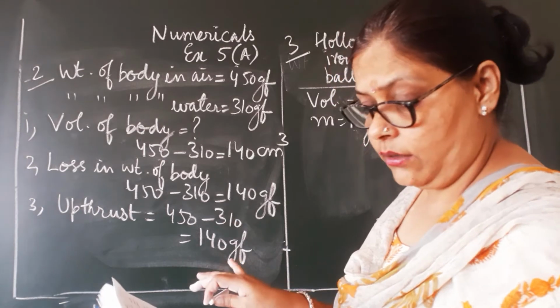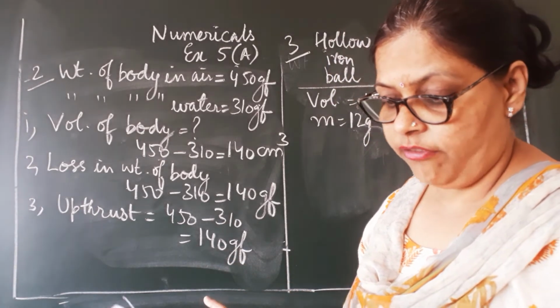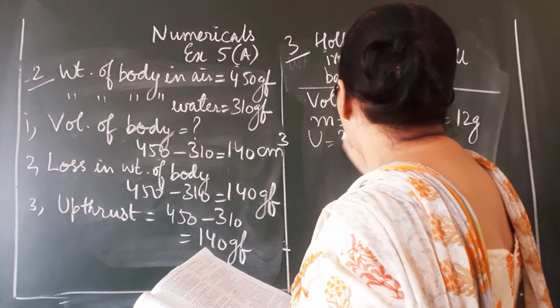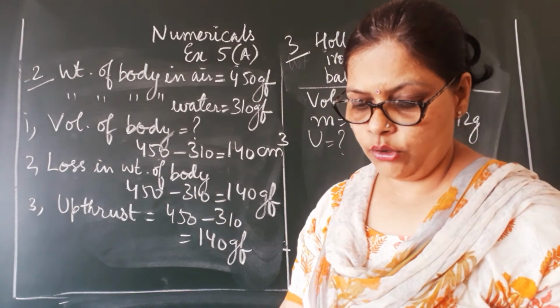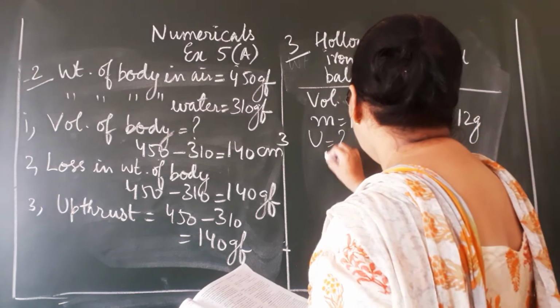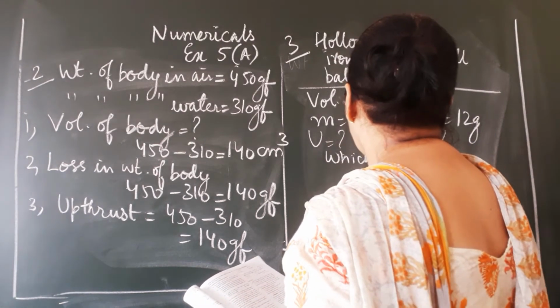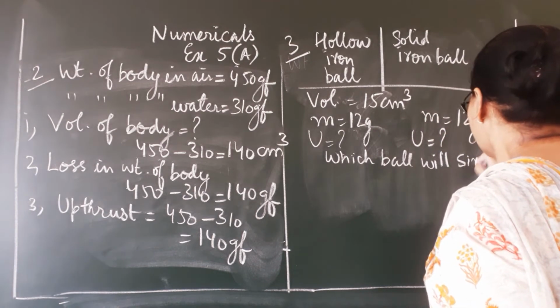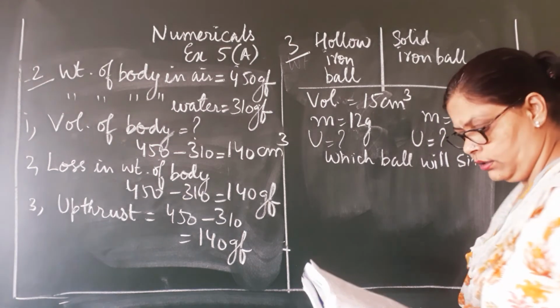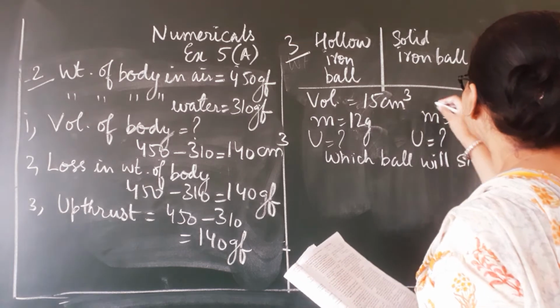But both are placed on the surface of the water. Find the upthrust in each case. Okay, you are supposed to find out the upthrust for both separately, and you are also supposed to find out which ball will sink. Okay, this is your question, and they have given you the density of iron.